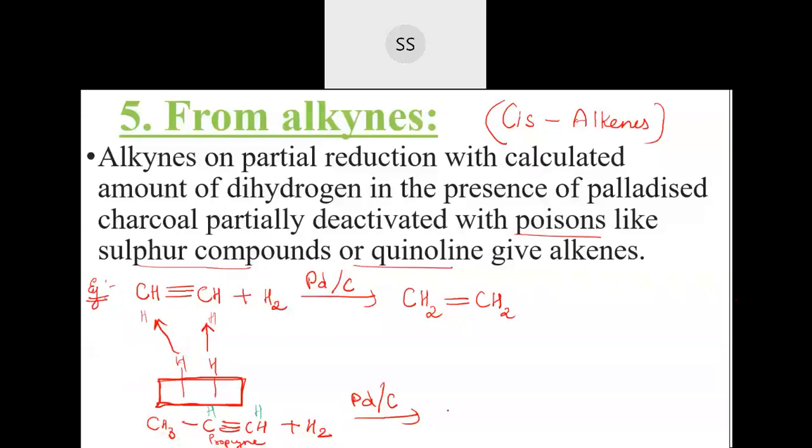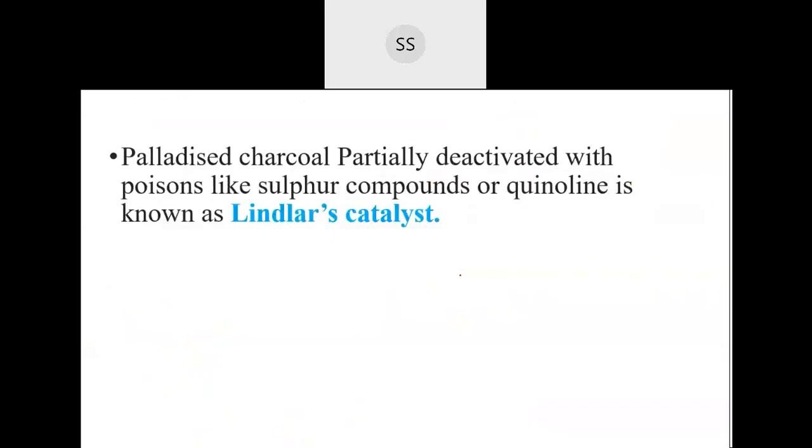So here you get CH3, then CH double bond CH2, okay. So you get propene as the compound. It's an addition reaction, okay. So this is about the preparation. Now you can write down, till there you had written, you can write down what is Lindlar's catalyst.